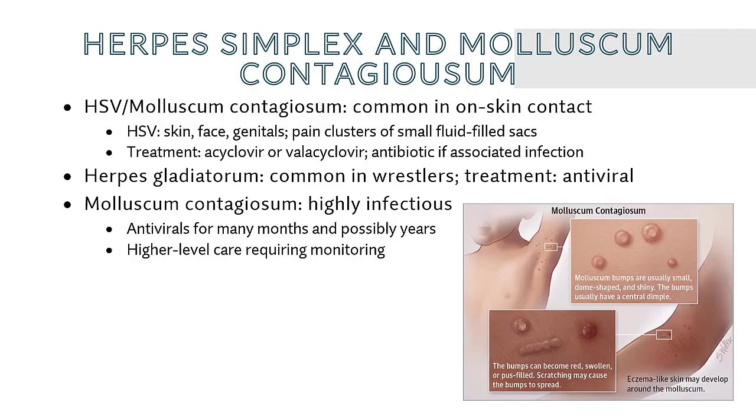Mucocutaneous infection is the most common herpes simplex virus infection. This can occur on the skin, face, and genitals, and may include painful clusters of small fluid-filled sacs. The typical treatment for herpes includes acyclovir or valacyclovir, or an antibiotic if associated with infection. Herpes gladiatorum is common in wrestlers, and the treatment includes antiviral medications.